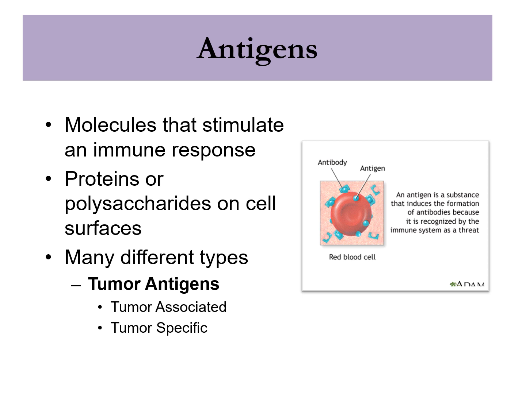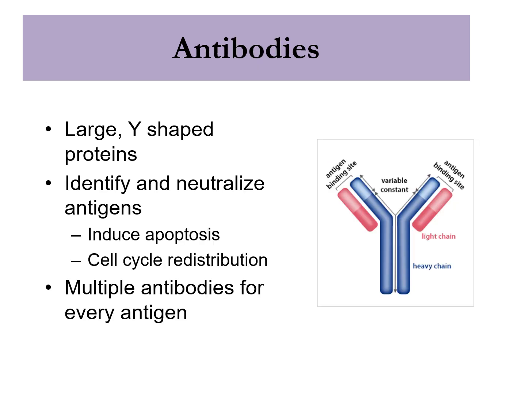So we now want to see a bit on the antigen. An antigen is a molecule that stimulates an immune response. It is either protein or polysaccharide on the cell surfaces, and there are many different types of tumor antigen, whether tumor associated or tumor specific. Then we're going to go to the antibodies. It's a large Y-shaped protein.